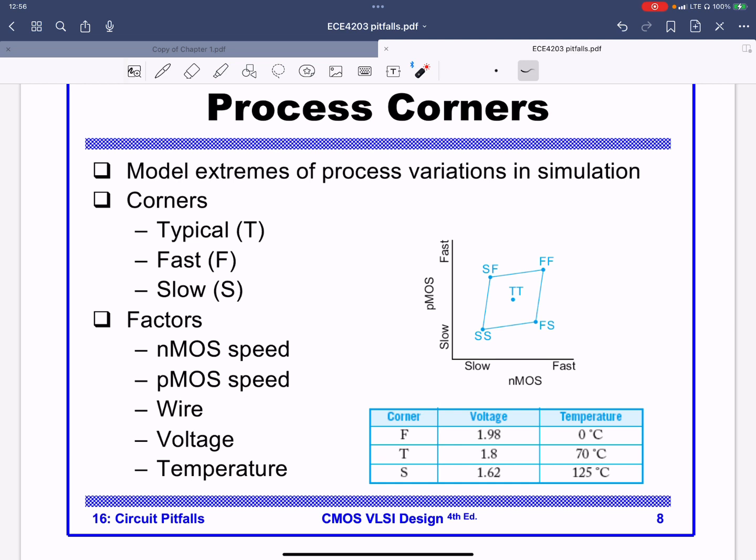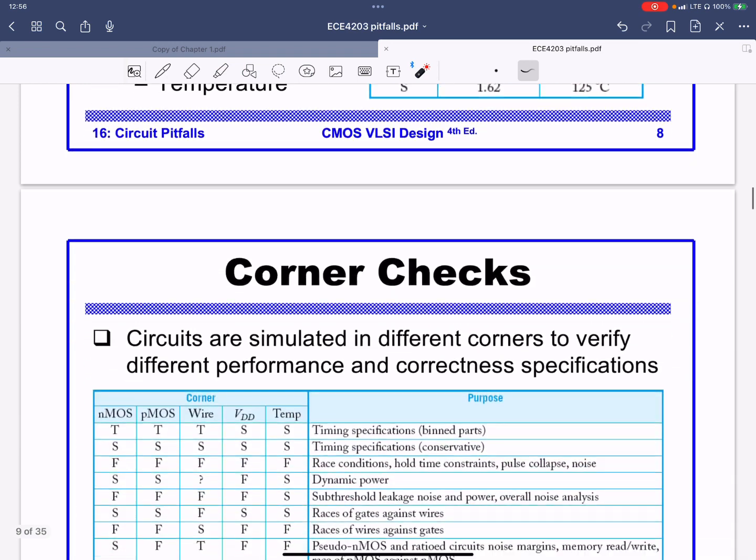So when you're doing this fast simulation, again, you're doing the fast NMOS, PMOS models at the high supply voltage, but you're also going to run them at a very low temperature, so at 0 degrees. And the slow will be with the slow models, 1.6 minus 10% VDD and a hot temperature. So this is how you'll be simulating these.